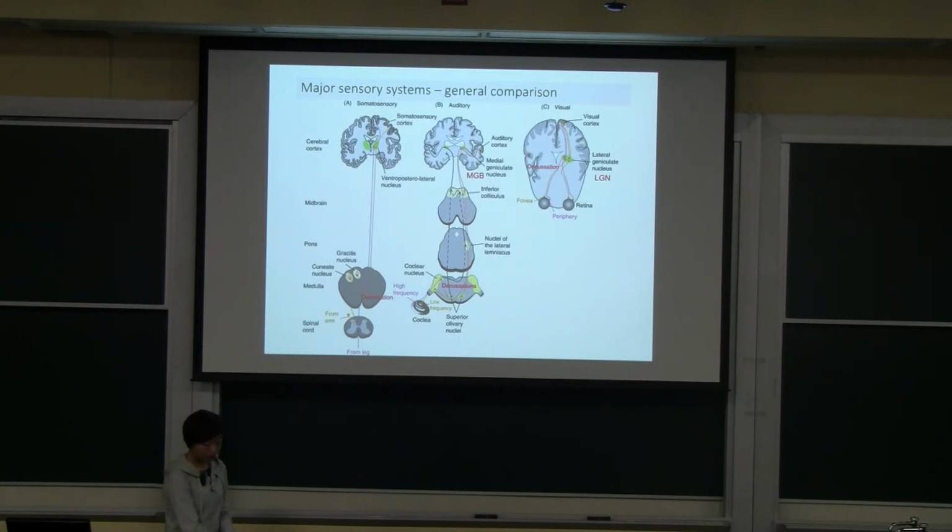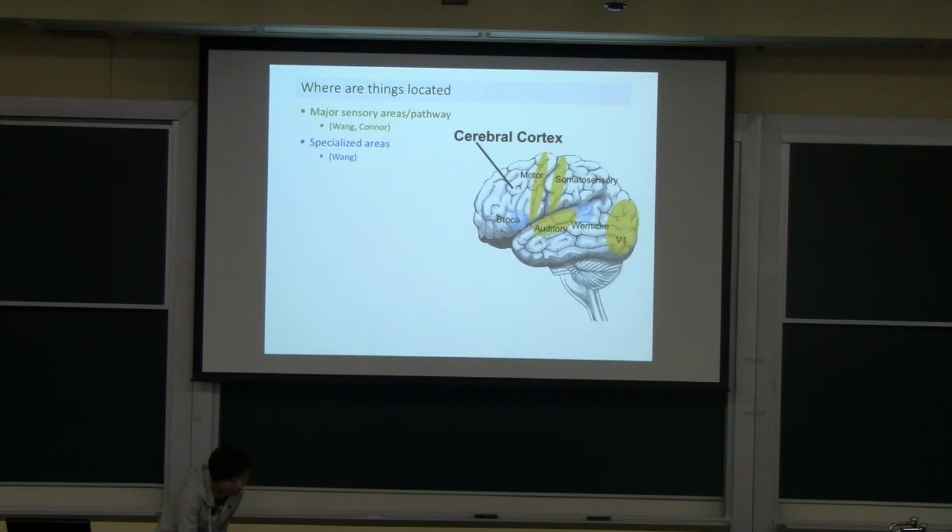And what else? Okay, there are just some more big pictures. Remember these areas we're talking about? So auditory here, visual here, and motor is pre this central sulcus, and somatosensory is after, like post central sulcus areas.